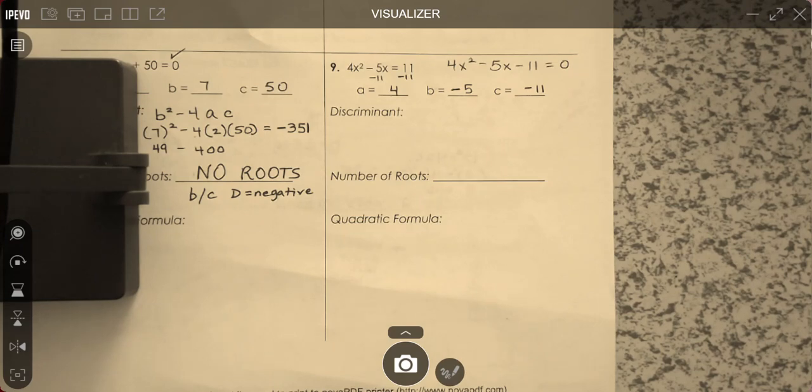Jaden, let's go calculate. Find the discriminant for me, Jaden. Let's go. Trying to keep you focused so that you're not talking to your peers.